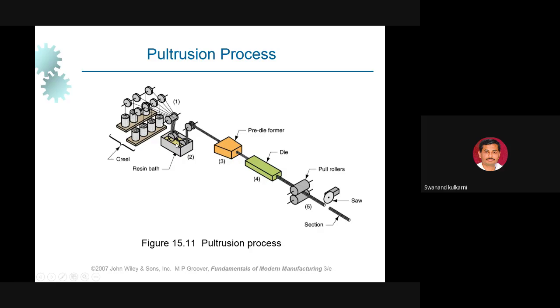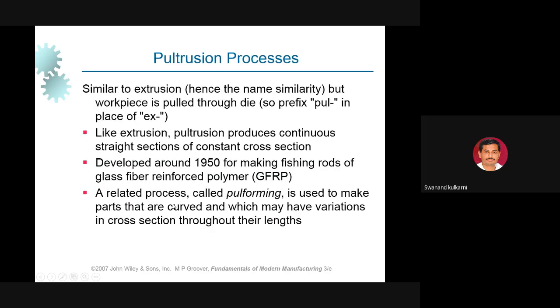Then again, with the help of this particular mandrel with these shapes, at the same time continuously 1, 2, 3, 4 profiles are forming here. So you can see how the pultrusion process happens in this case.